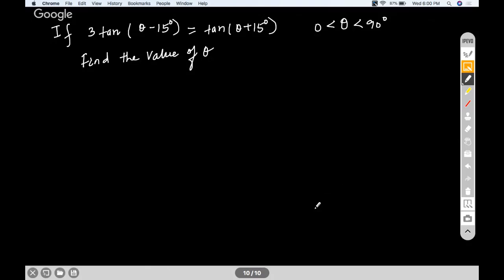30 degrees, no, that's not the correct answer. Venkat, are you watching in a lag? Because I'm already on the next page and I've not written anything on this page. Just it is the top part of the page.